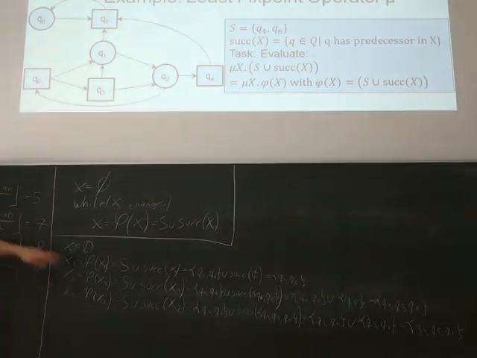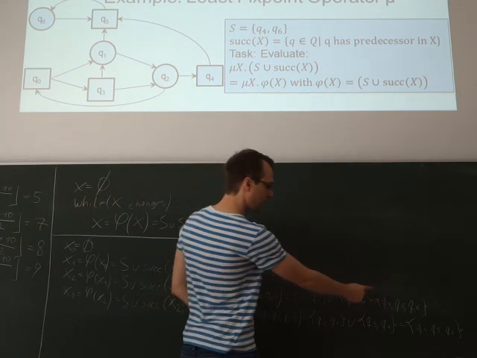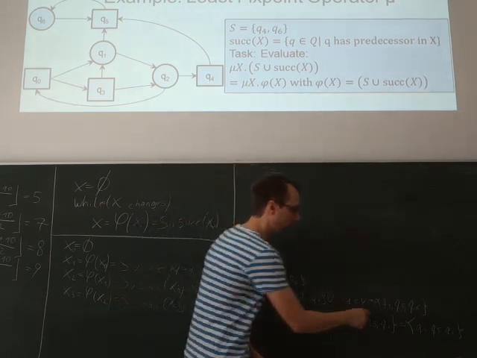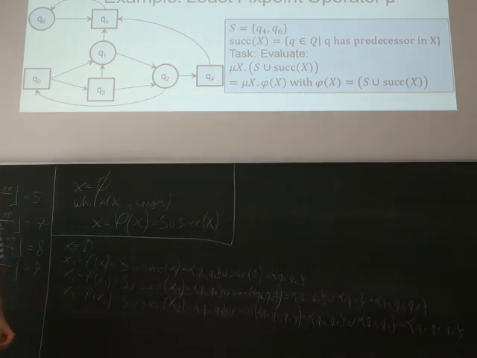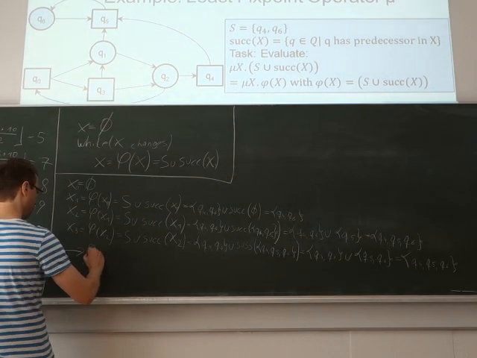Yet another iteration of our algorithm done. Again, we check whether x has changed. The previous x was 4, 5, 6. The new x is also 4, 5, 6. So this means our algorithm says we are done.